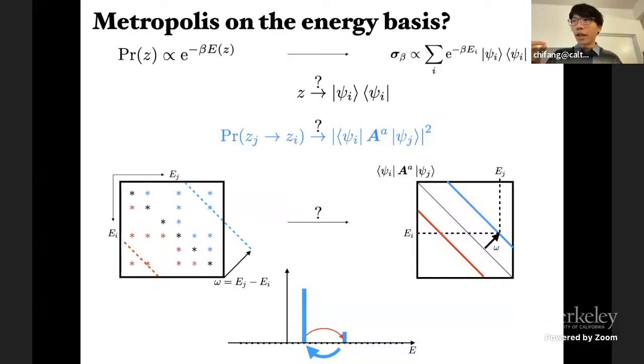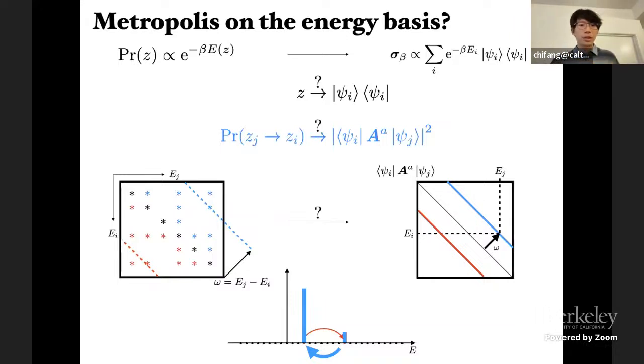And this could kind of work formally. You just replace Z by the projectors, and then you replace this transition by the amplitudes. Right? So the right-hand side is this natural quantum transition rate. It's now the amplitudes between two states and this jump operator.